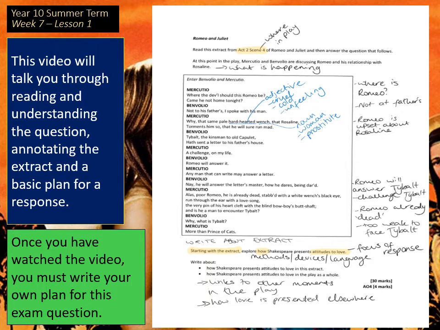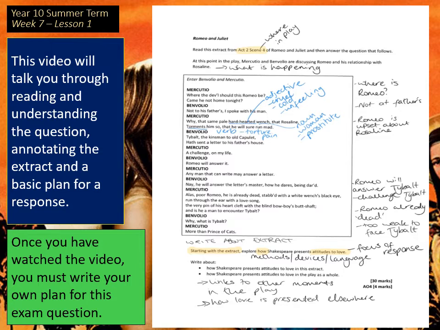Rosaline is this cruel, cold, unfeeling, dishonourable woman. And he also says that she is tormenting him. That verb, torment, is linked to torture or pain. So again, a negative attitude to love being presented there. This cold, cruel woman that Romeo loves, this dishonourable woman, is causing him pain and torturing him.